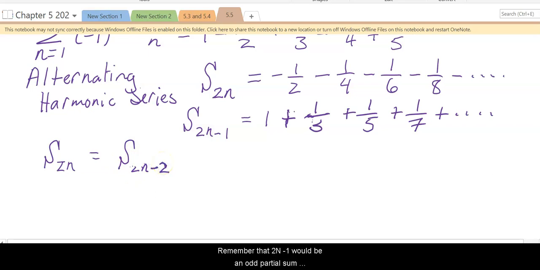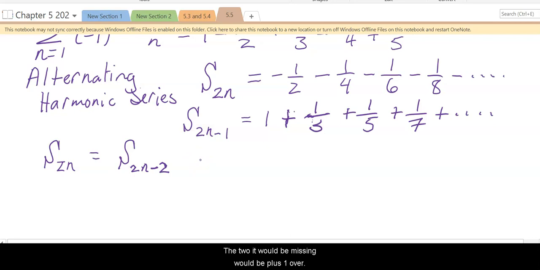Remember that 2n minus 1 would be an odd partial sum because it would have an odd number added in. S sub 2n minus 2 is the previous even partial sum compared to S sub 2n, but it would have to include two additional terms in order to be S sub 2n.